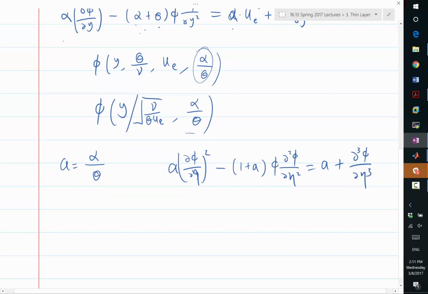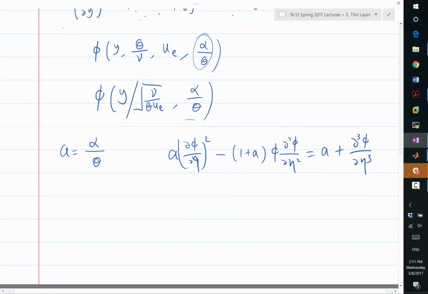And just a slight rearrangement of the equation. Let's still define our f to be the non-dimensionalized version of phi, divided by the appropriate scales.